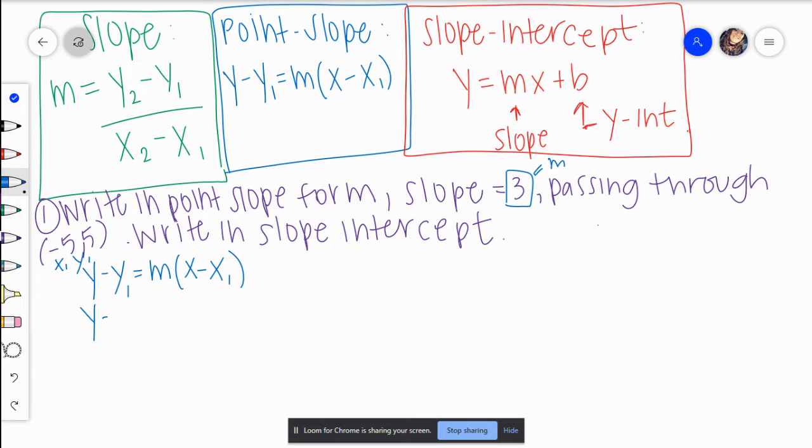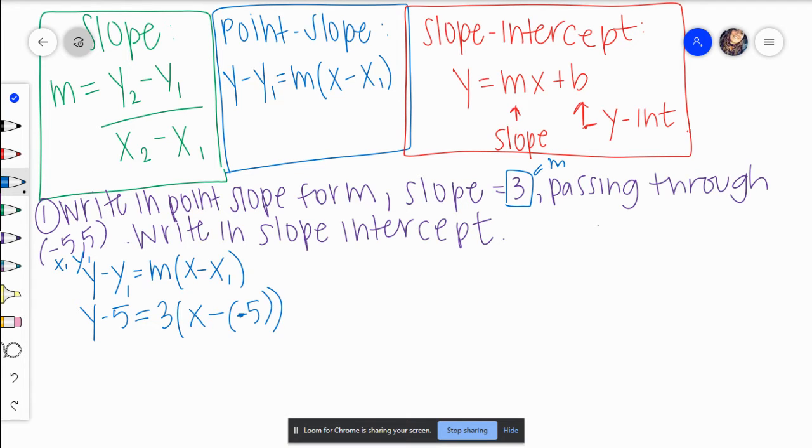So the formula tells me to subtract, look at my y sub 1, which is a 5, equals my m was 3 times my variable x minus my x sub 1, which is a -5. Make sure you use all of your parentheses here wherever you need them, especially since this 5 is negative.